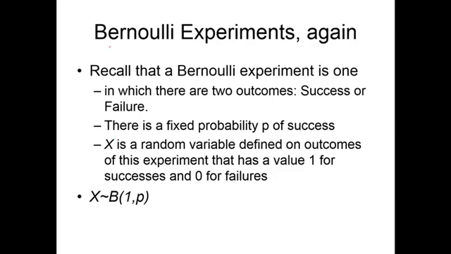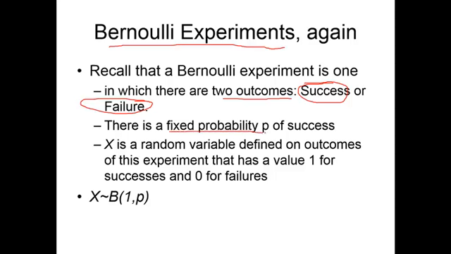And we'll start by going back again to Bernoulli experiments. Recall that a Bernoulli experiment is one in which there are two outcomes, a success or a failure. It's like a jar with red beads and blue beads. Two types of things can happen.